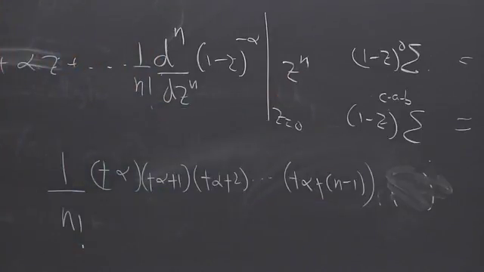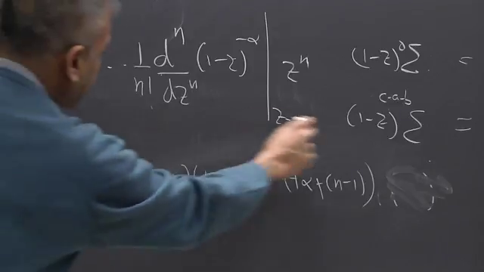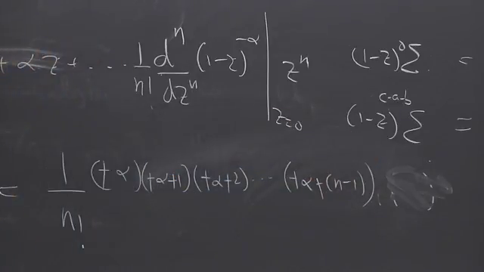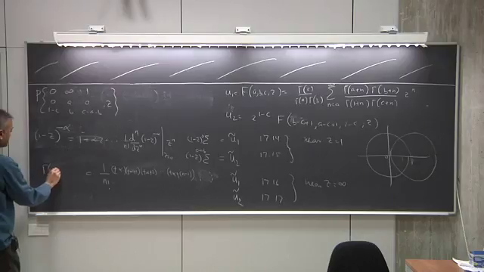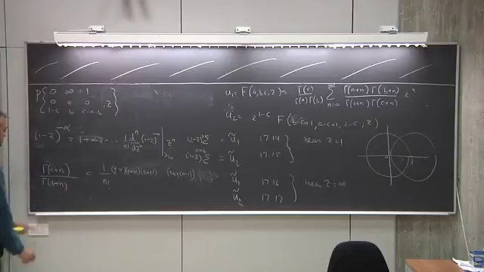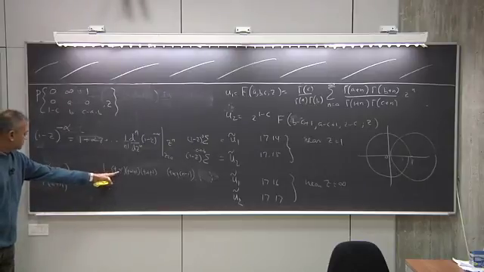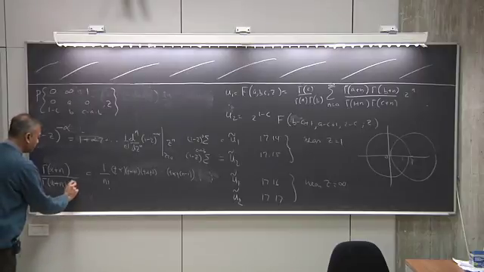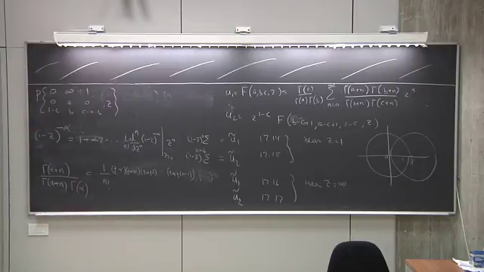That is the expansion. But this expression I can write as gamma of alpha plus n divided by gamma of 1 plus n, and then I have to divide by gamma of alpha. Yes?